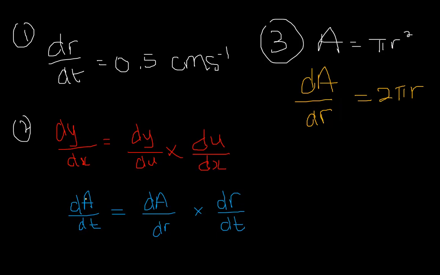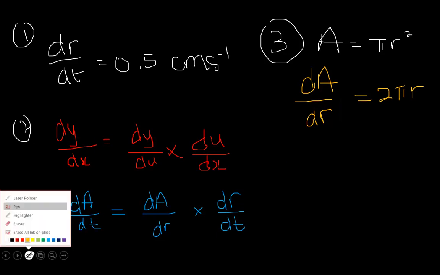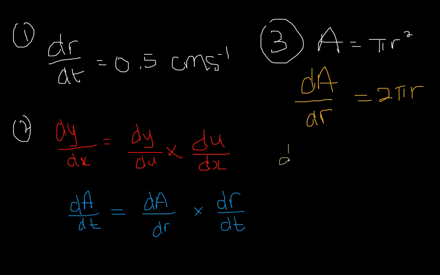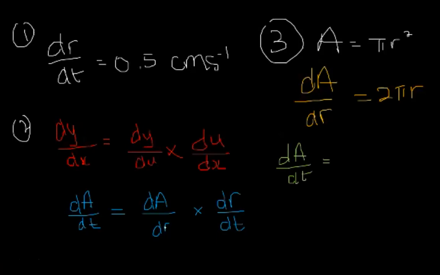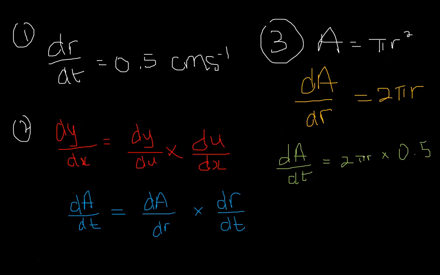But we're not finished, because we still need to find dA/dt. dA/dt would be dA/dr, which I just found is 2 pi r, multiplied by dr/dt, and they gave me that it's 0.5. Simplifying this, I would get pi r.